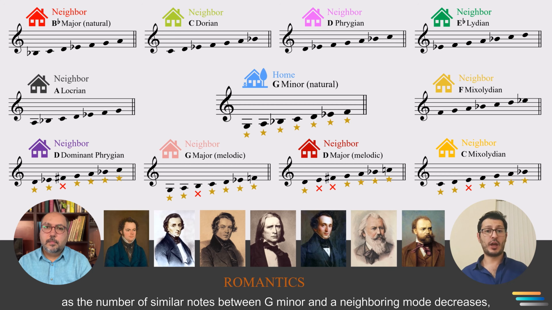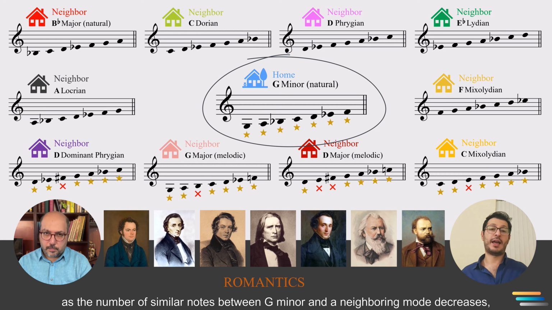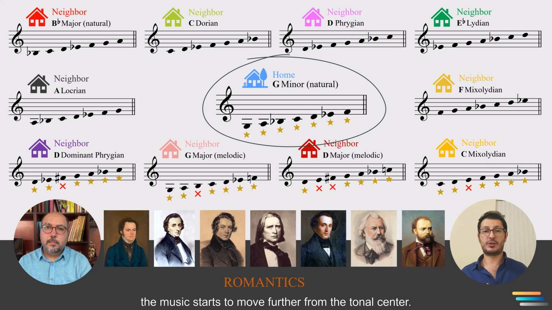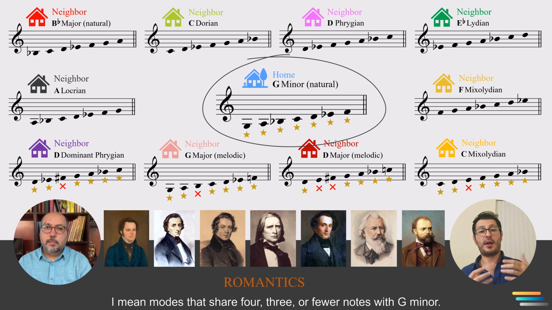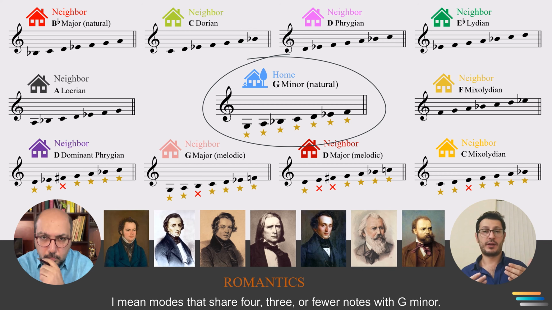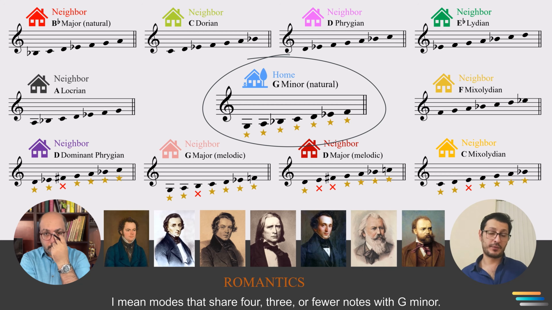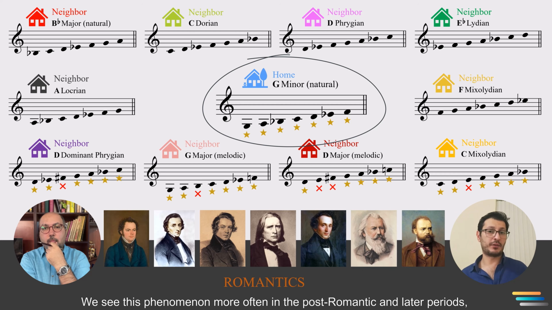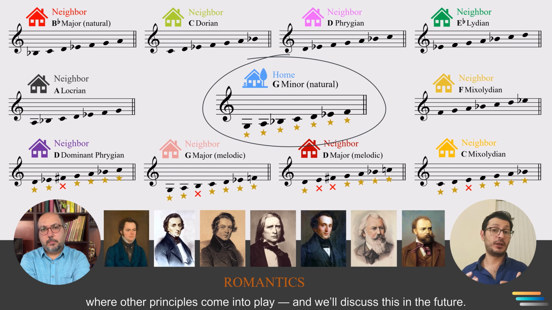Naturally, as the number of similar notes between G minor and a neighboring mode decreases, the music starts to move further from the tonal center. I mean, modes that share 4, 3, or fewer notes with G minor. We see this phenomenon more often in the post-Romantic and the later periods, where other principles come into play. And we'll discuss this in the future.